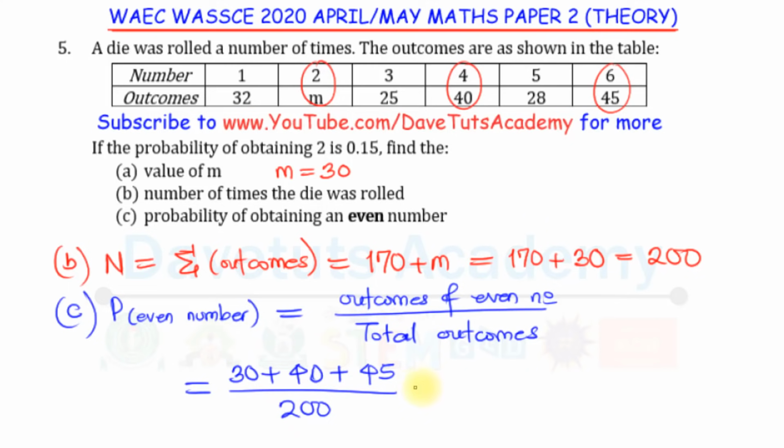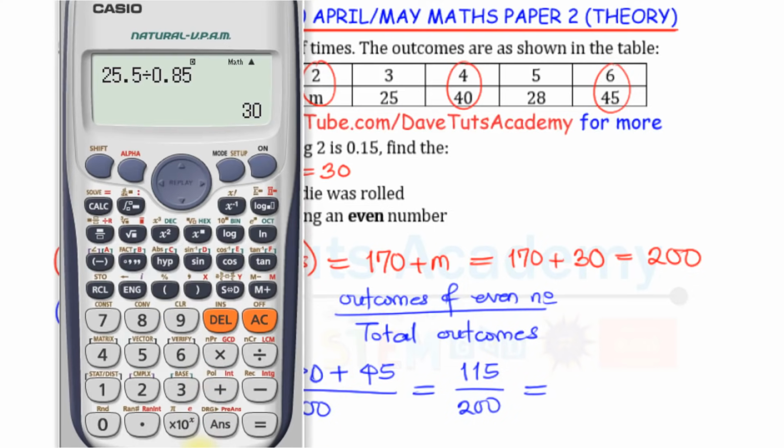So this is going to be 30 plus 40 is 70, 70 plus 45 is 115 over 200. And we can simplify that by looking at the barest division, or I can just use my calculator to say this is 115 divided by 200, and that is 23 over 40.